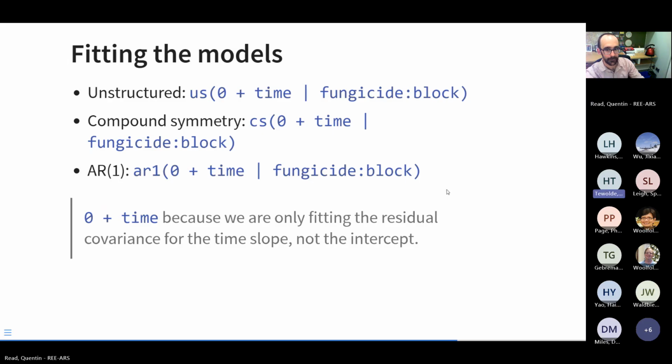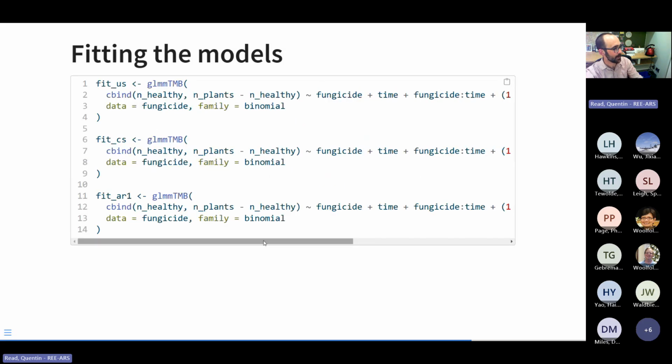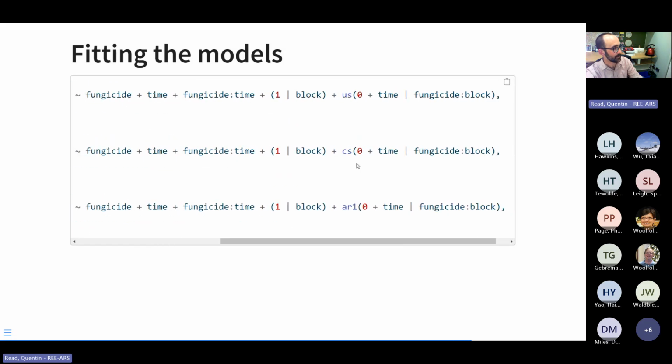But then what is the 0 for? Yes, so I'll show you here in the model formula. We have a random intercept for block, and we have a covariance structure for plot, which includes the trend over time, but it does not include an intercept.